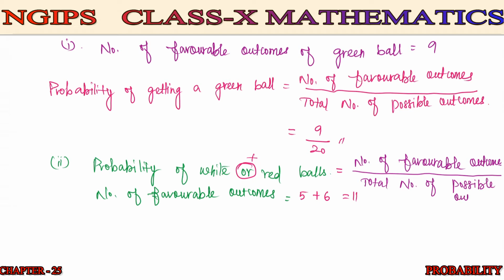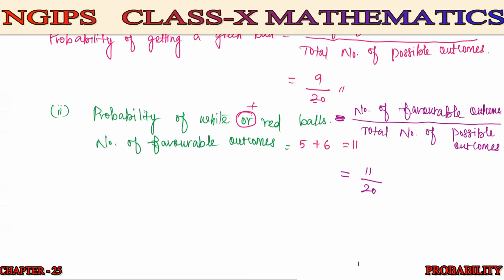In this we have the number of favorable outcomes as 11, and the total number of possible outcomes, you can see, is 20. In this also we don't have any common factors, so further we cannot simplify. The final answer is 11 by 20.